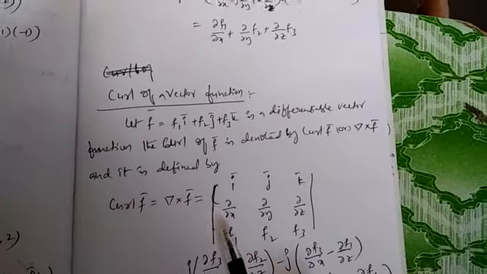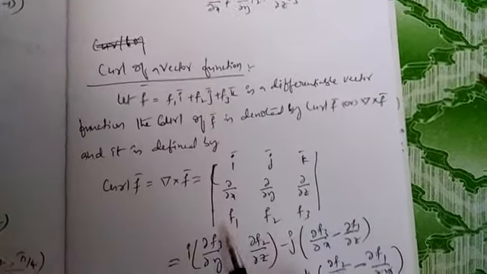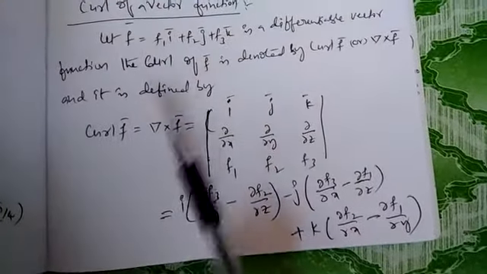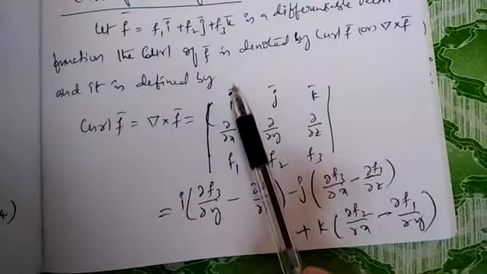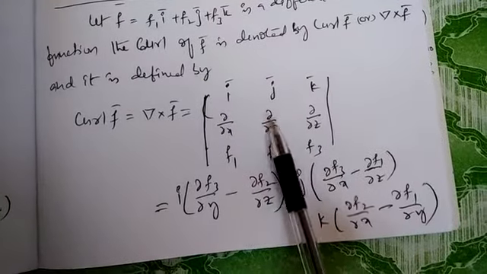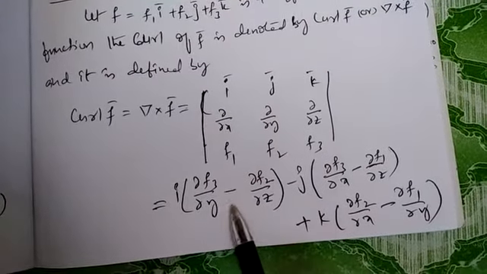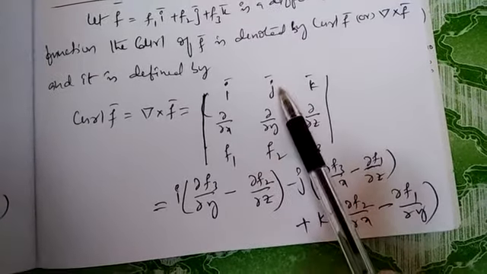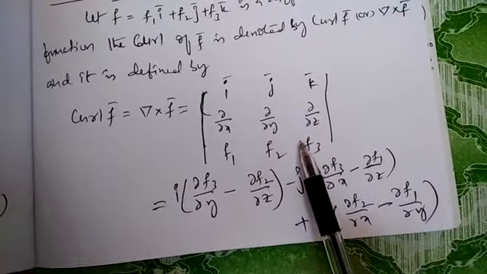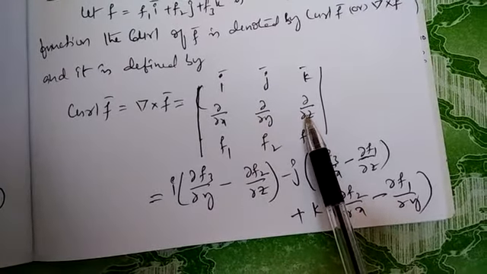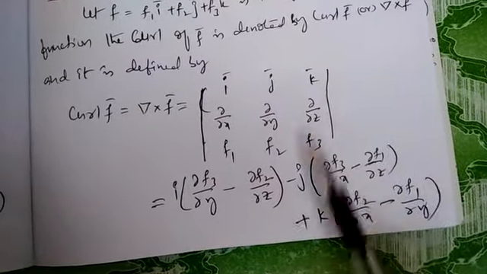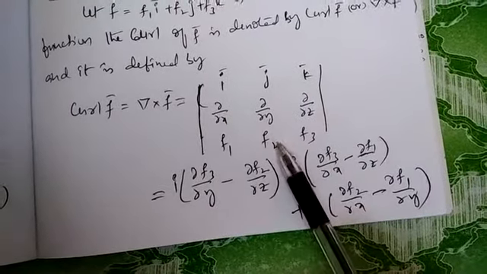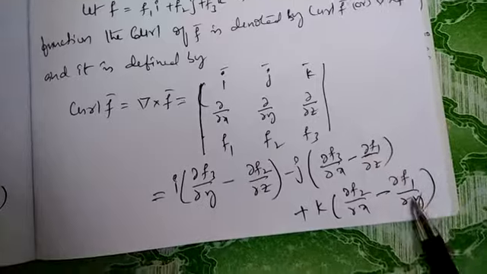The other is f with components f1, f2, f3. Now find this determinant to get the curl. I times (dou f3 by dou y minus dou f2 by dou z), minus j times (dou f3 by dou x minus dou f1 by dou z), plus k times (dou f2 by dou x minus dou f1 by dou y).